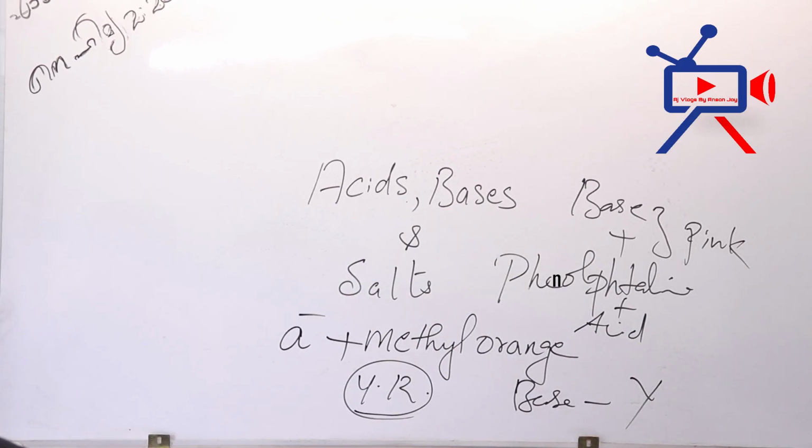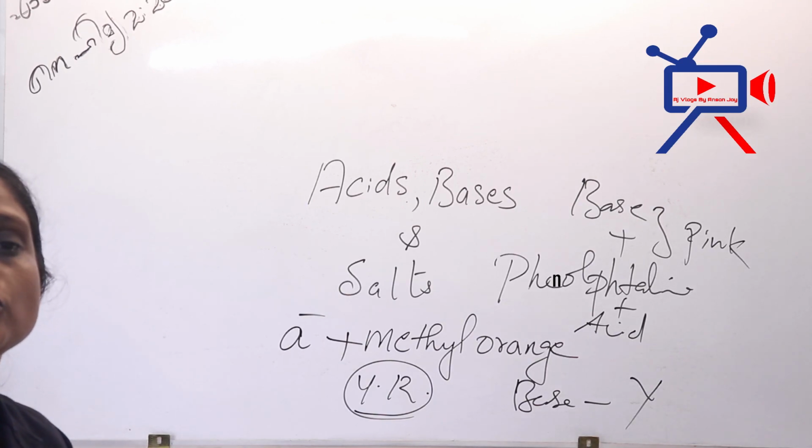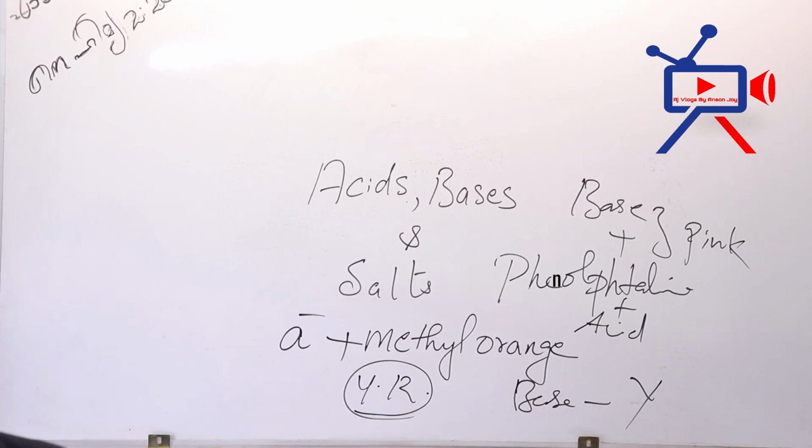Our turmeric, red cabbage and hydrangea flower can be used as natural indicators.